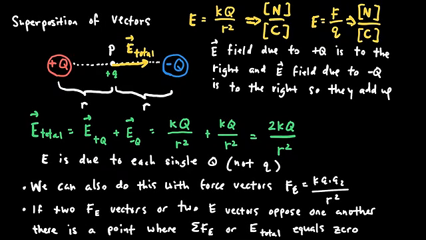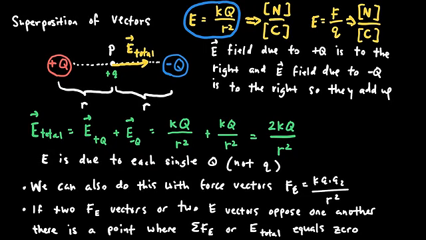The only thing that's in the numerator is the charge of the thing that is emanating the electric field. And what this equation for electric field is really telling us is, for a certain distance away from a charge, what will be the strength of the electric field.